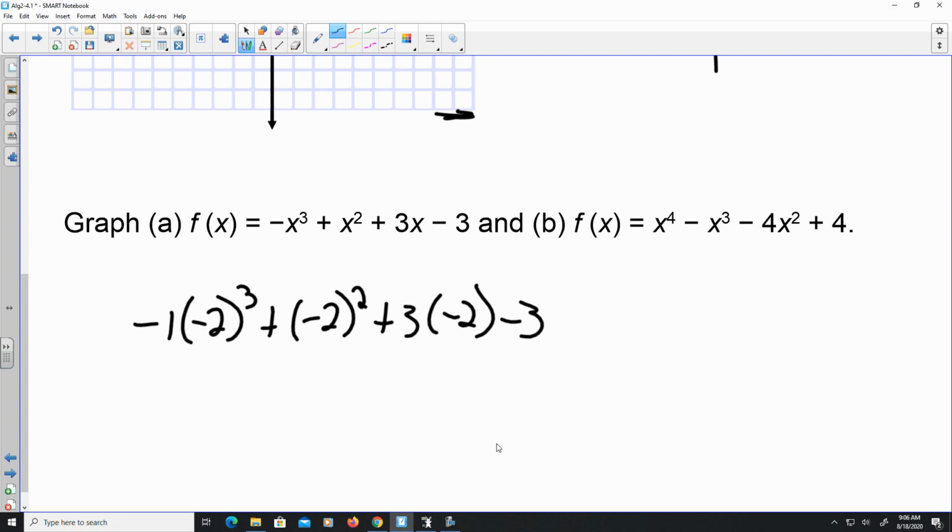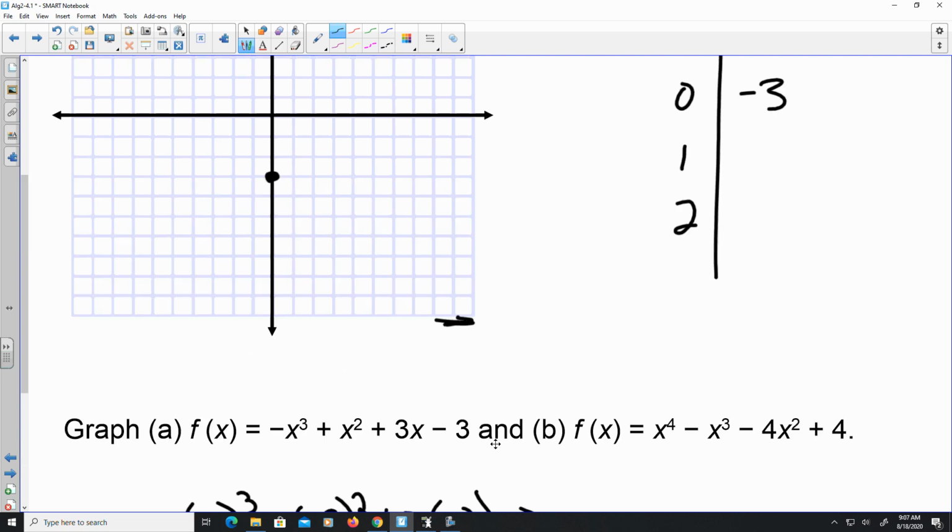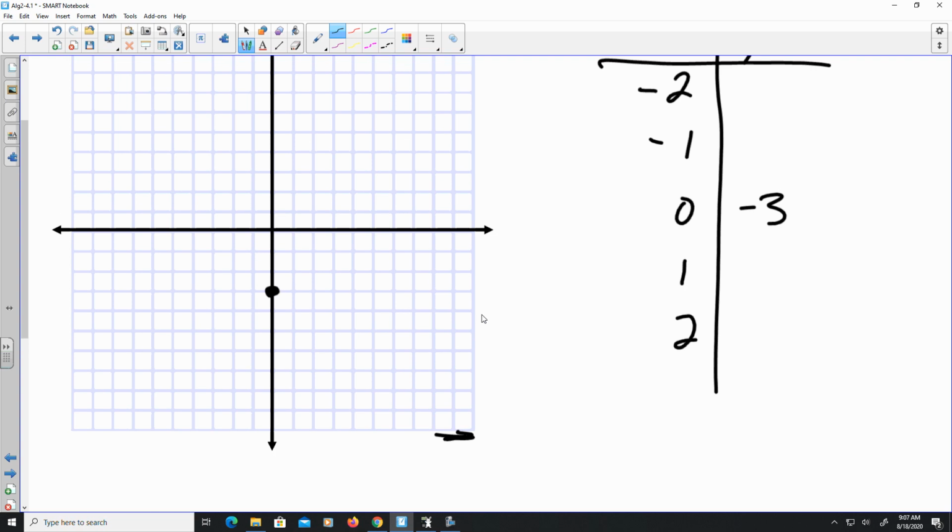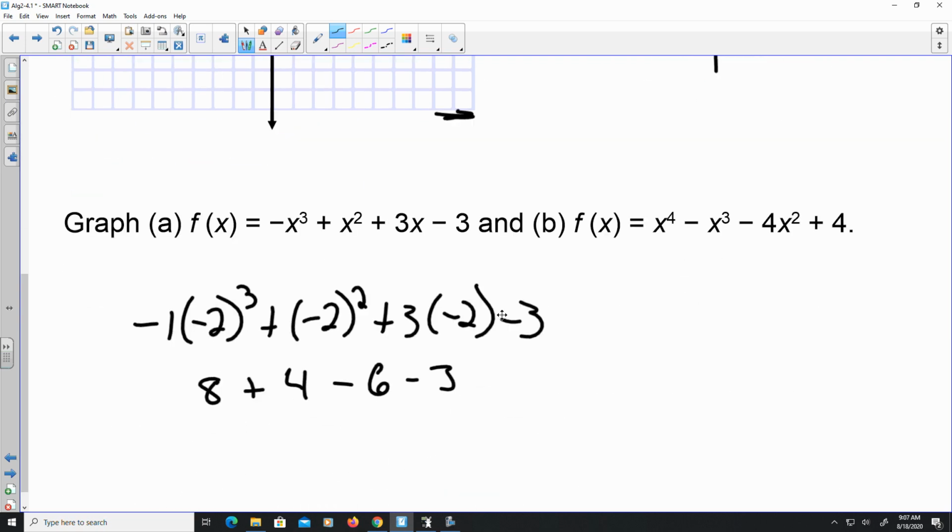So now I get negative 8 here. That means it's going to be positive 8. This is going to be plus 4 minus 6 minus 3. So I get 8 plus 4 is 12 minus 6 minus 3. So that's 3. So if I put negative 1 in there, I got negative 1 times negative 1 to the third plus negative 1 squared plus 3 times negative 1 minus 3.